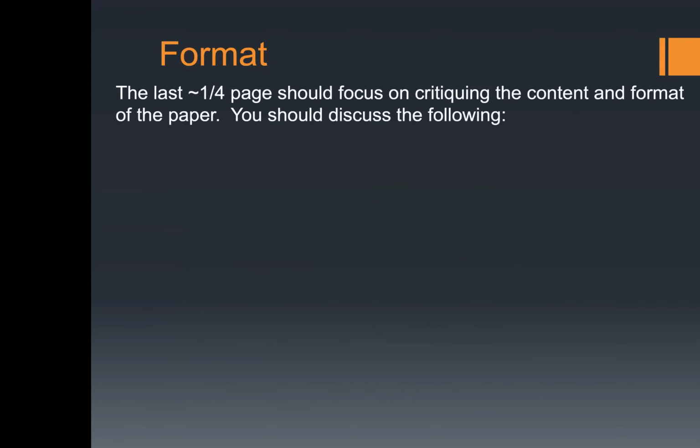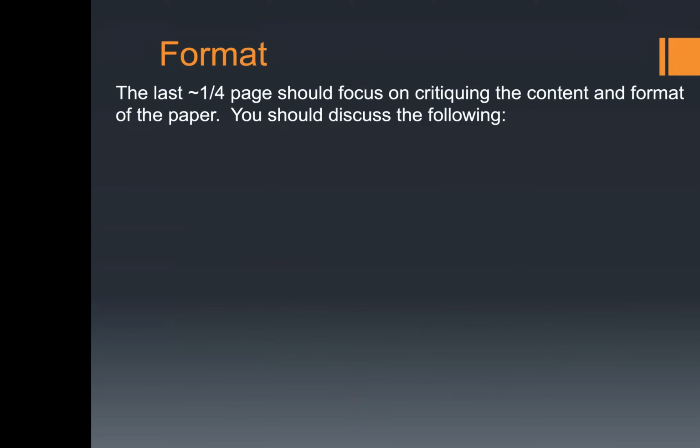And then the last bit will be a critique. This is the harder part of the assignment, I understand. When you're first reading papers, it's really hard to know whether you should believe what's being presented or whether the science is good, so to speak. You might have questions.